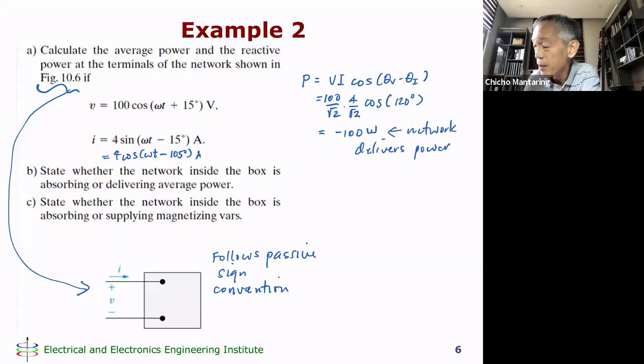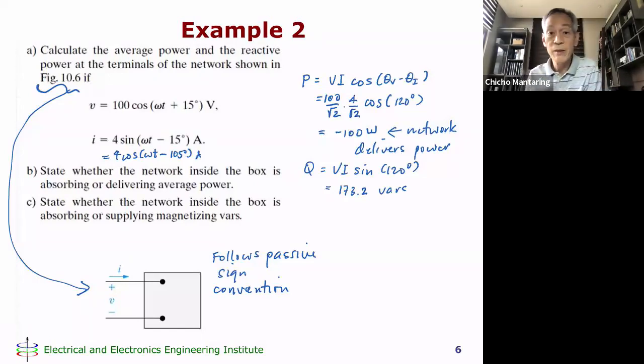Okay, so that's P. So yung Q ko is just VI sine of 120 degrees. Remember, this is P, this is Q. And I have here the answer. This is 173.2 bars. No? So what does this mean?